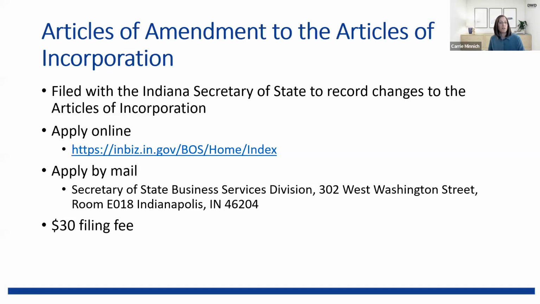This can be done online or by mail. We're going to talk a lot today about the option to file either online or by mail. I always recommend filing online because it is a lot faster and you probably get a response in a more timely fashion. There is a $30 filing fee if you have to file an Articles of Amendment with the Secretary of State.